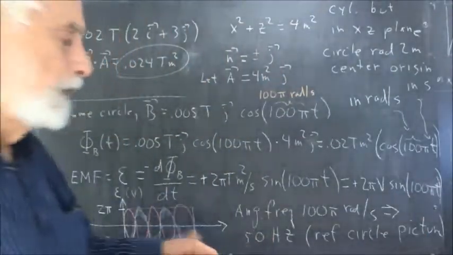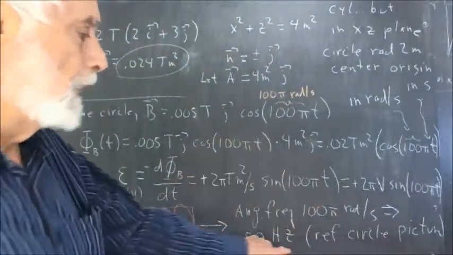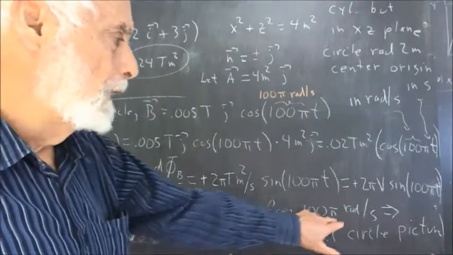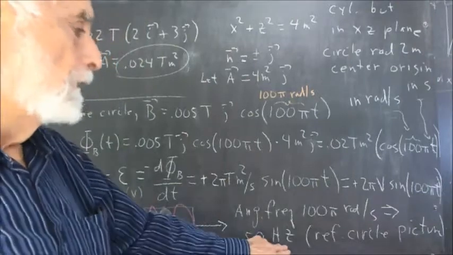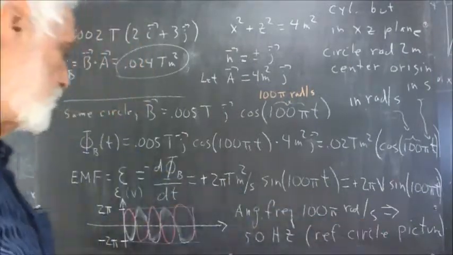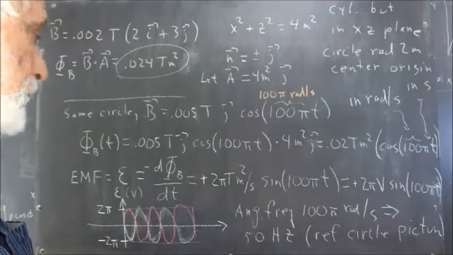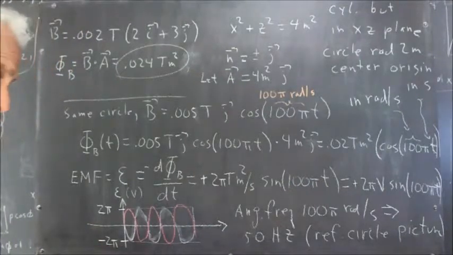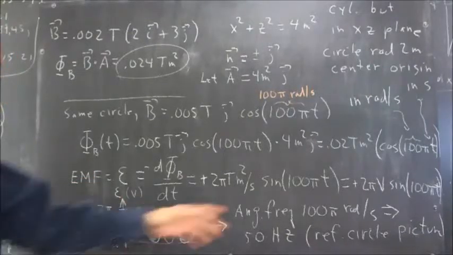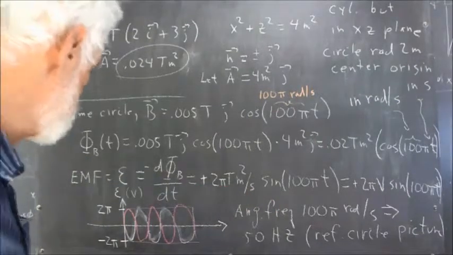So we go around the circle 50 times a second. We get an angular frequency of 100 pi radians per second, which then gives us a frequency of 50 hertz. And we get that from the reference circle picture as opposed to an equation we're going to get mixed up with a lot of other equations. Or formula. You don't need a formula if you understand the reference circle picture.